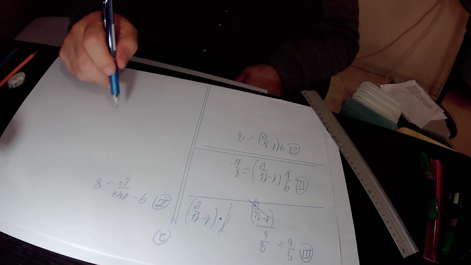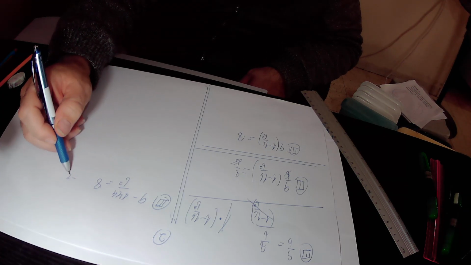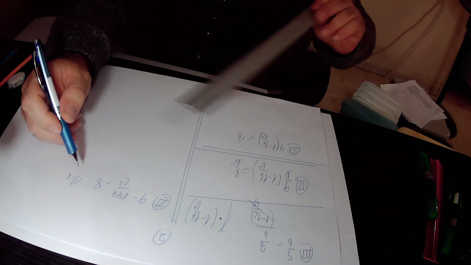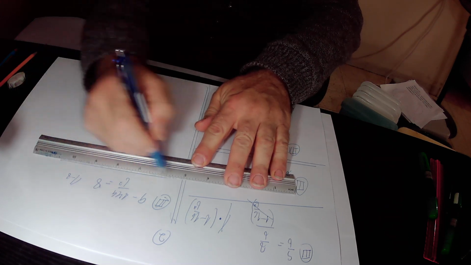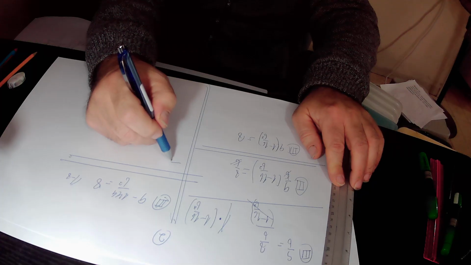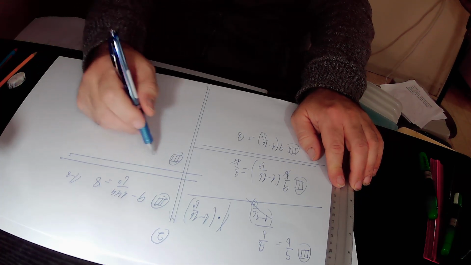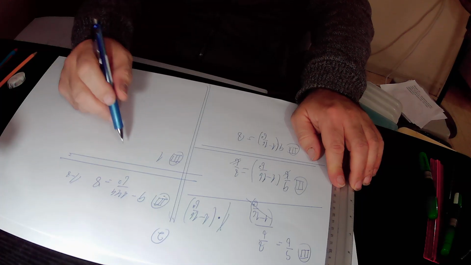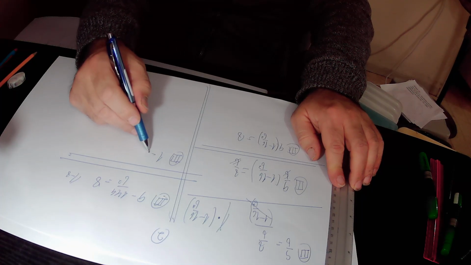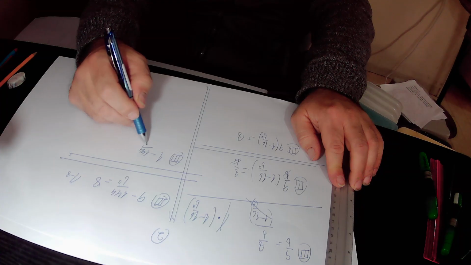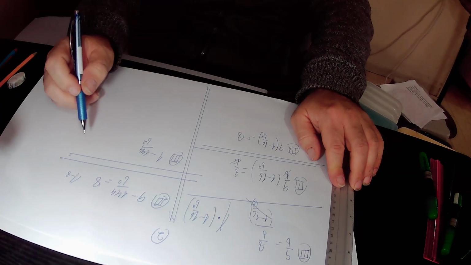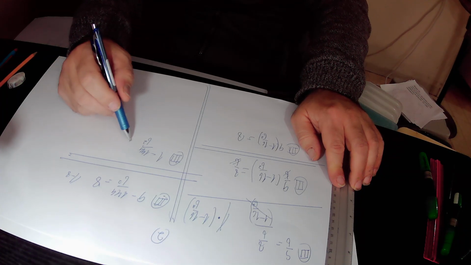Here we subtract 8 from this equation 3. Nine minus 8 is 1, so here we have in total 1 minus 144 over B squared, while on the other side of the equation 8 minus 8 is 0.